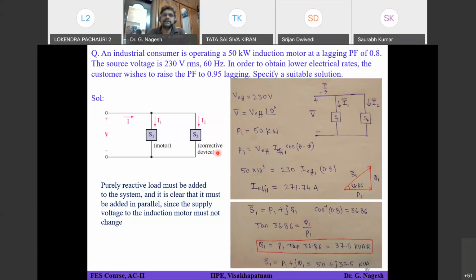In that scenario, try to calculate the total Q. Same power triangle, after connecting your load S2, I mean some corrective device, I am trying to calculate what is the total real and reactive power coming from the source.